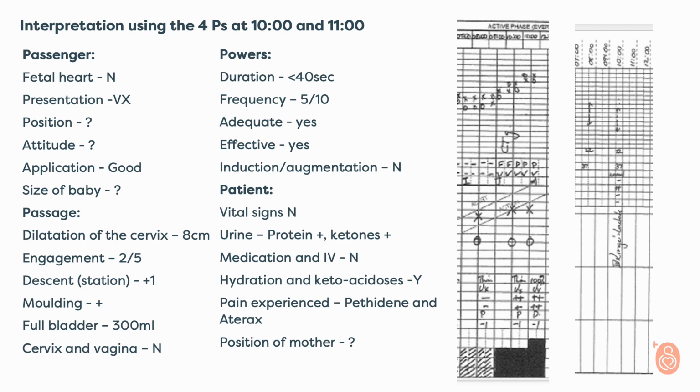Now I'm going to do the 10 o'clock and 11 o'clock interpretation together. Here we see now at 10 o'clock, this patient, they have listened to my advice previously to start with the CTG, because we see here a tendency that gradually the fetal heart rate becomes faster and faster.